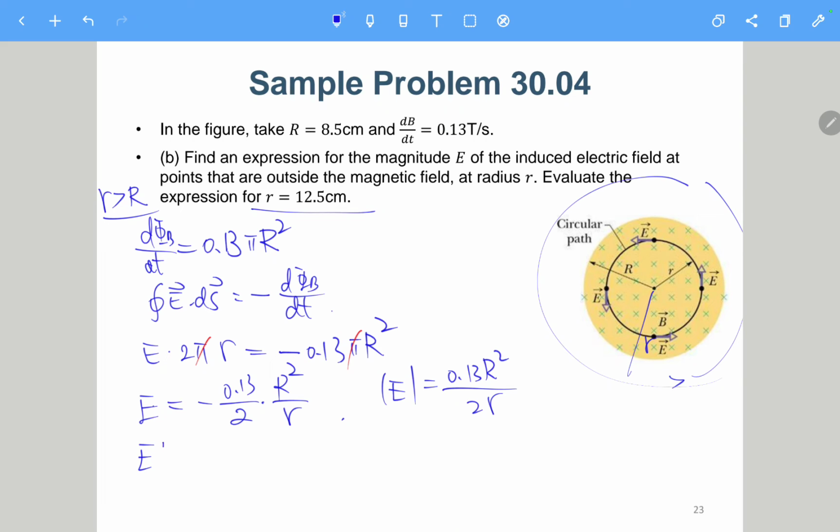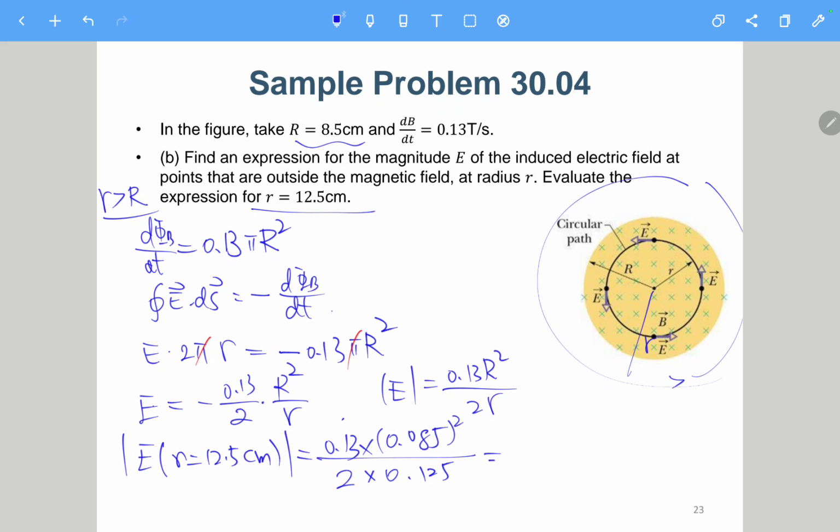So here E at r equals 12.5 centimeters is 0.13 times capital R, which is 0.085, quantity squared, over 2 times 0.125.